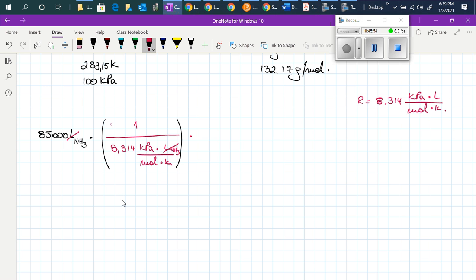Now we have pressure in the denominator, so we will use the value for the pressure, but in order to cancel it, we need to have it in the numerator. So pressure kPa is canceled out. Now when we see this, 1 over something over mole K, that is the same as having the term mole K in the numerator.